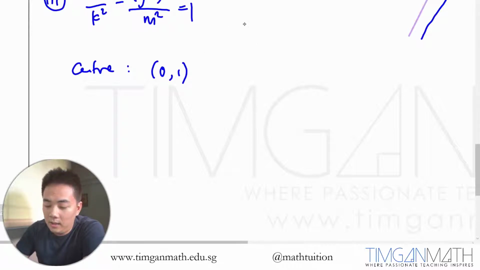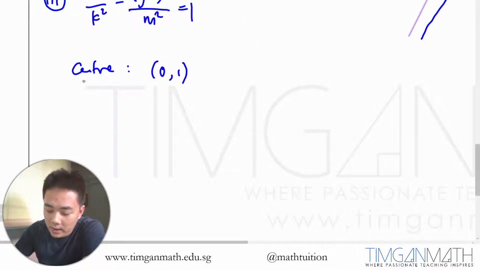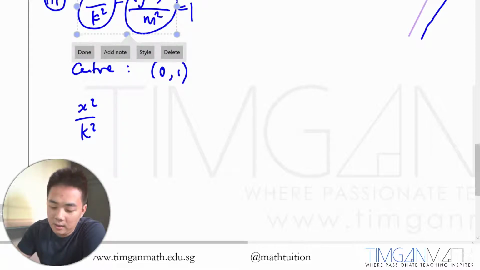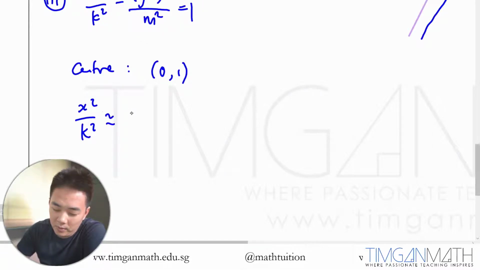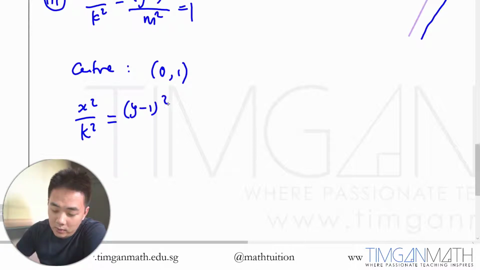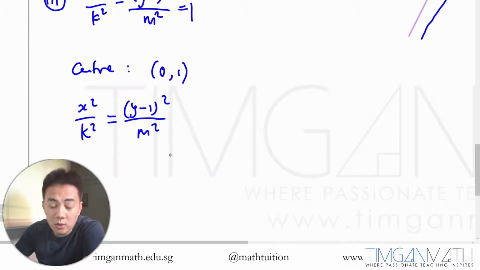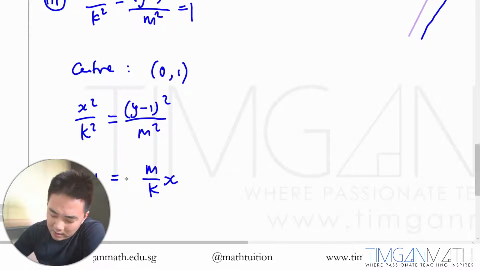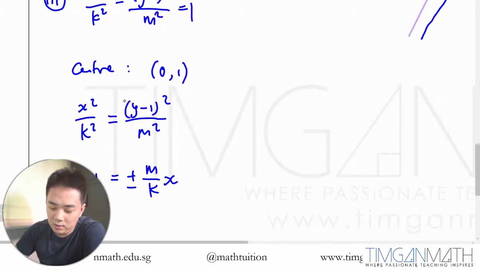So the oblique asymptote would be just x squared over k squared equals this, right? So that's your oblique asymptote. When x goes to infinity, these two equations would be roughly the same. So if you were to make y the subject, you realize that you get y equals m over k x plus minus, because you open the square root.